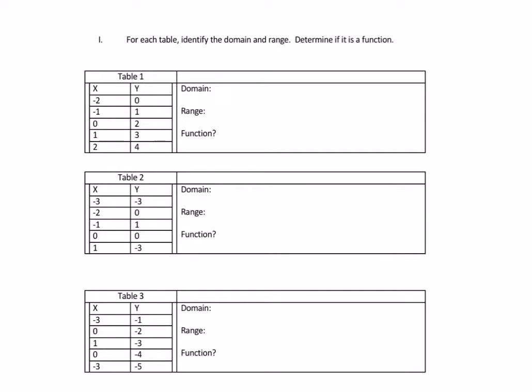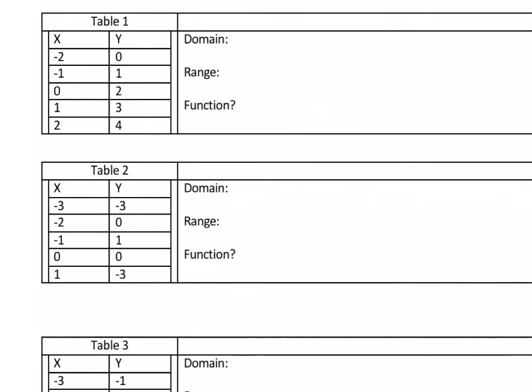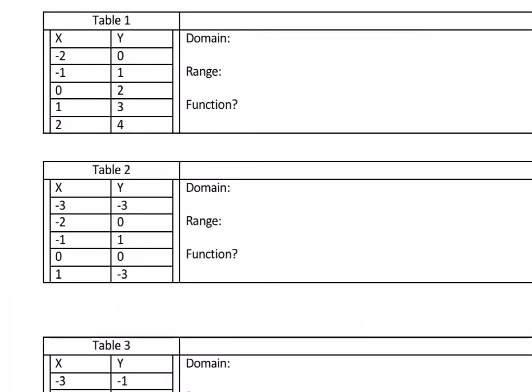So for table 1, remember that the domain is our x coordinates. And so what are our x coordinates in this table? Our x coordinates are -2, -1, 0, 1, and 2.